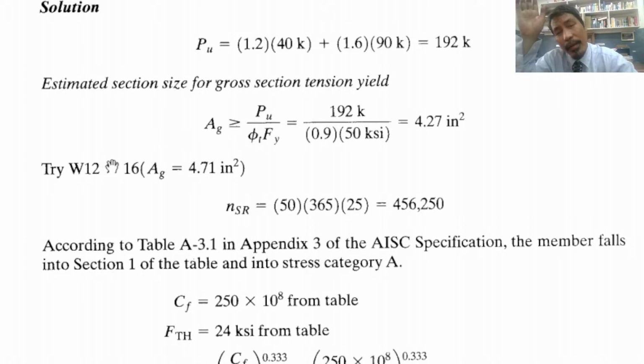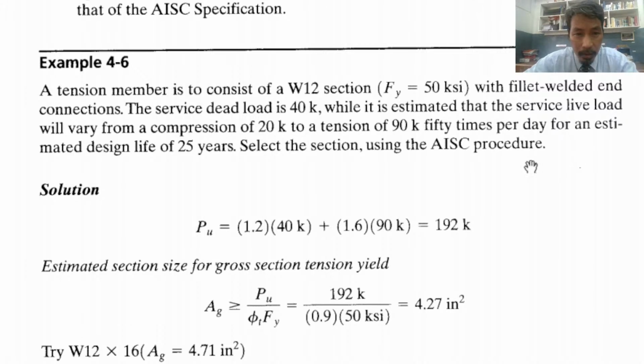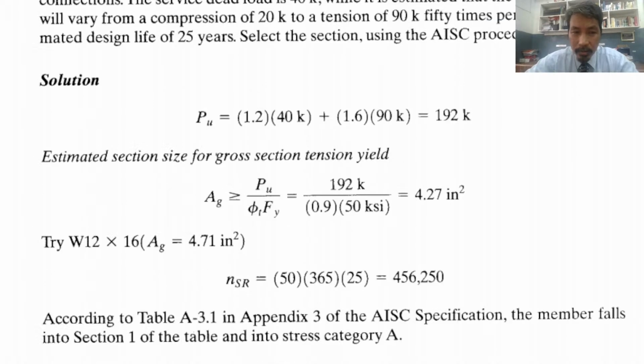There are several available elements, then you can select using the most economical choice. But here, it is given as a W12 section. So we choose from W12 the most economical one, W12 by 16.